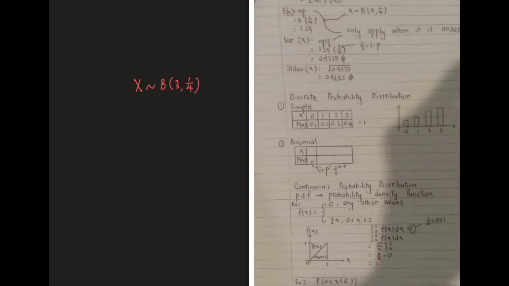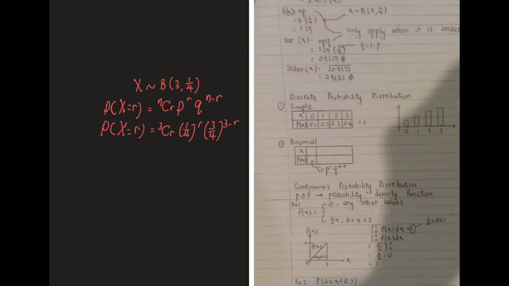I know P(X = r) equal to nCr, p to the power of r, q to the power of n minus r. So once you know this, then basically now we can key this into the calculator. 3Cr, 1 over 4 power r, 3 over 4 power 3 minus r.